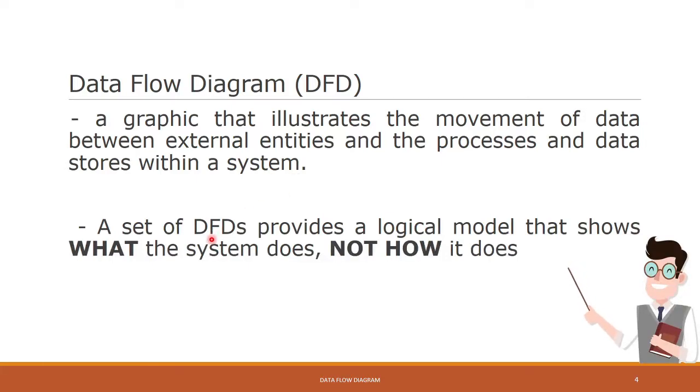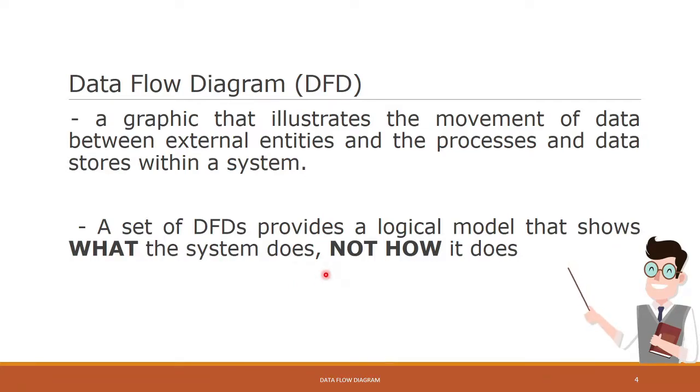A data flow diagram shows how data moves through an information system but does not show program logic or processing steps. So a set of data flow diagrams provides a logical model that shows what the system does, not how it does it. Data flow diagrams are versatile diagramming tools.